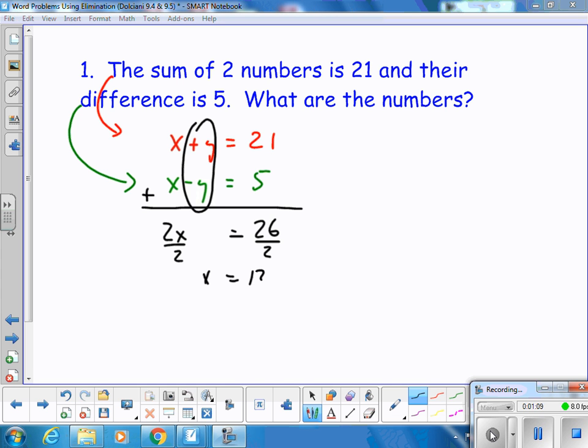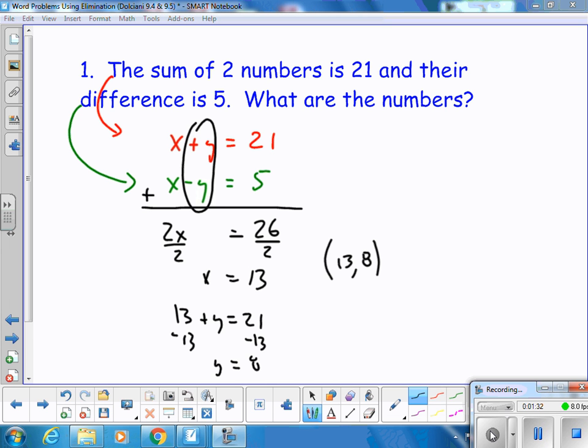X equals 13. So I have x, and I'm going to substitute it in on the first one. 13 plus y equals 21. Subtract 13 from both sides, and y equals 8. So according to this one, my intersection is at 13 and 8.